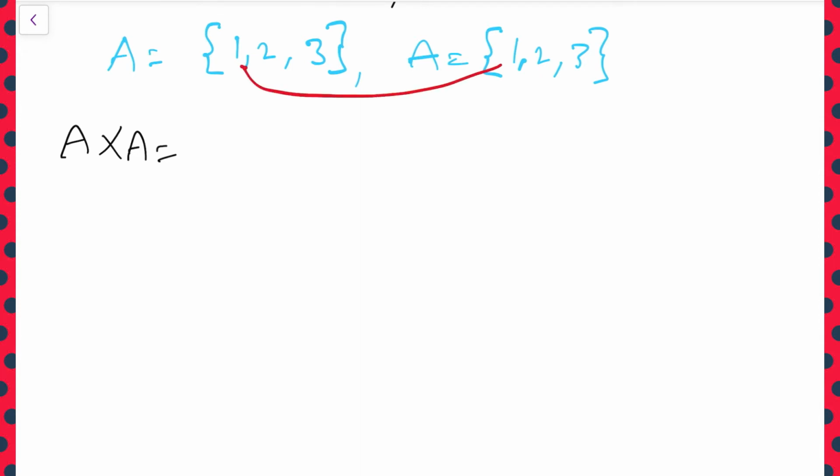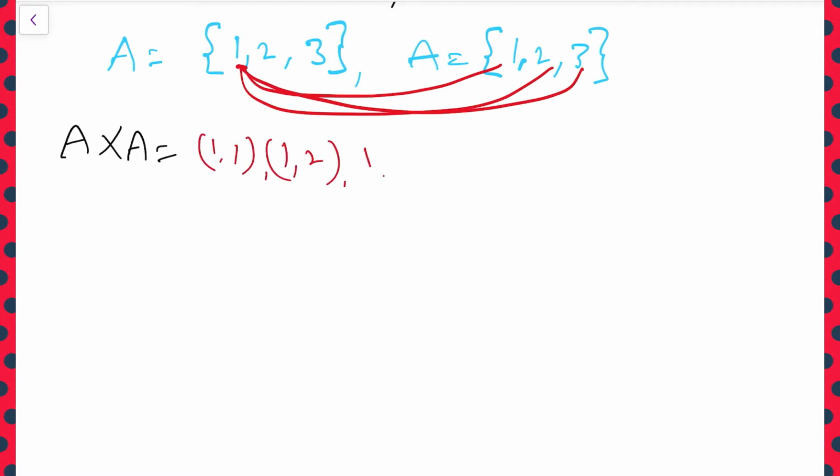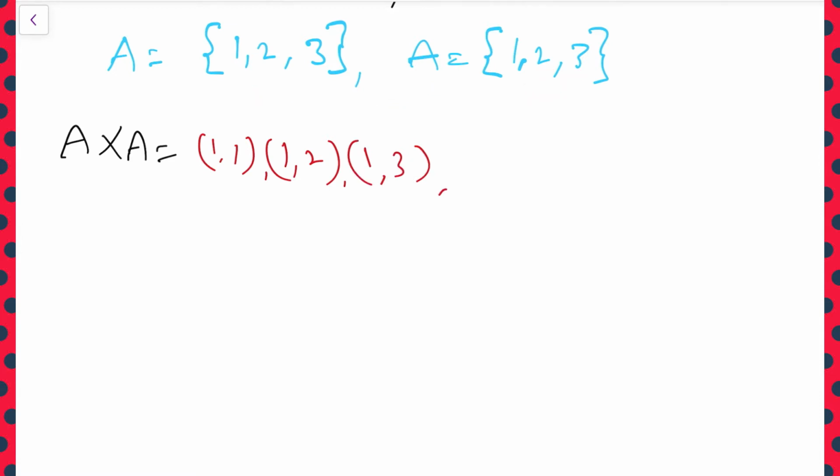That A cross A is nothing but (1, 1), (1, 2), (1, 3). Next, (2, 1), (2, 2), (2, 3).